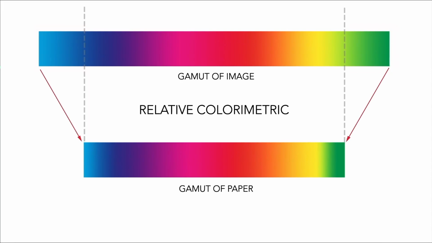Okay. Now, what that means is that if you have saturated colors here with detail, a relative colorimetric rendering intent, the minute you bring those colors in, might display a solid color without any subtlety of detail within those saturated colors, which is not really an ideal scenario if you are printing images with really saturated colors like sunsets and with deep blues and deep reds and so on and so forth.